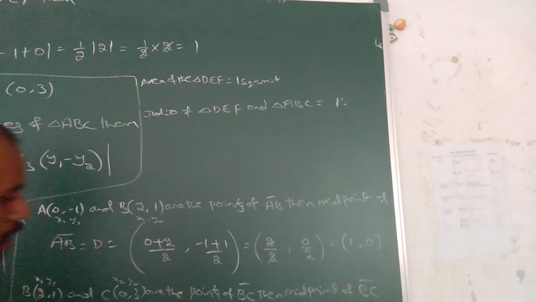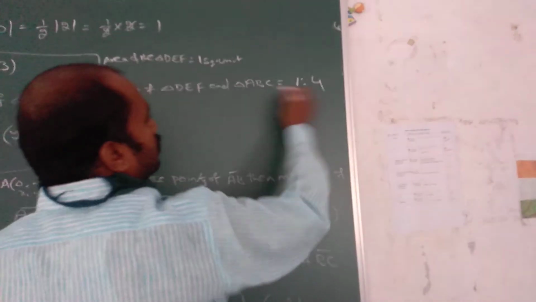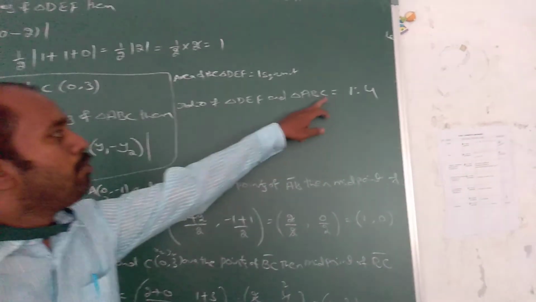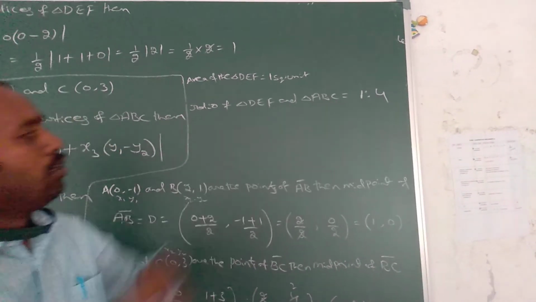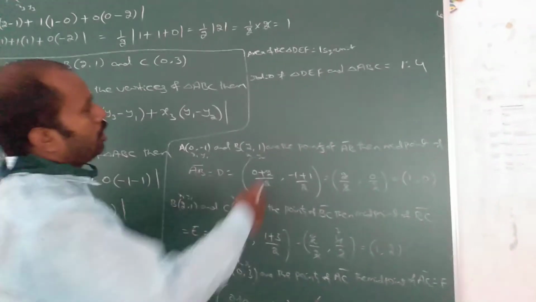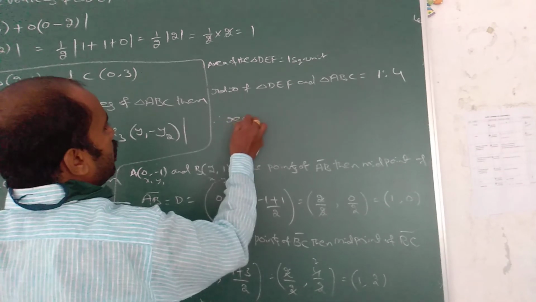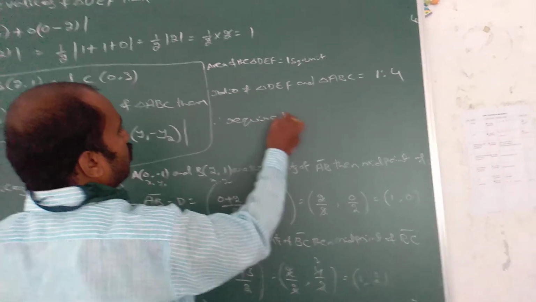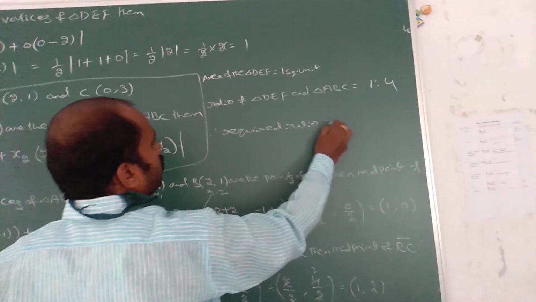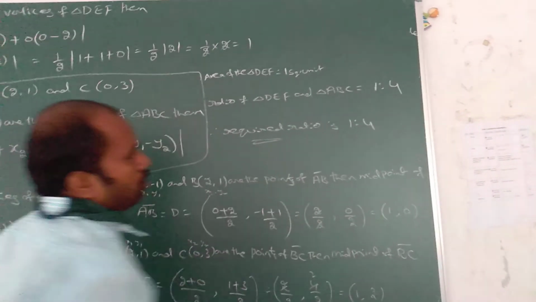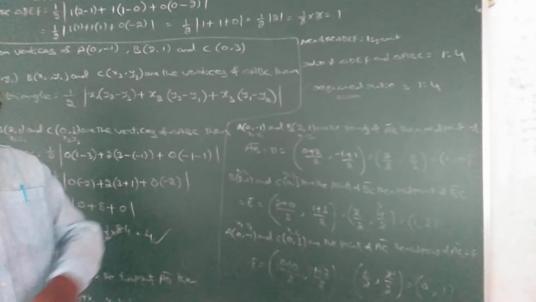Next, triangle ABC, already you get here 4. So you can write that 4. This is the ratio of triangle DEF and triangle ABC. The problem asked for the required ratio of triangle DEF and ABC. Therefore, the required ratio is 1:4. So this is the required ratio.